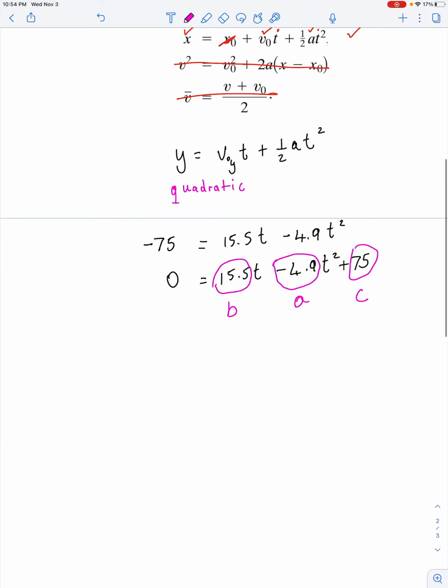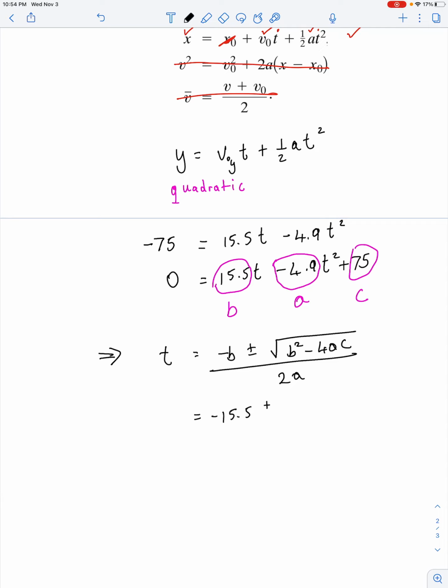Cool. So now if I want to find t, then t should be equal to minus b plus or minus the square root of b squared minus 4ac, all over 2a. Now that would be minus 15.5 plus or minus the square root of 15.5 squared minus 4 times a, oh lord, what's a?